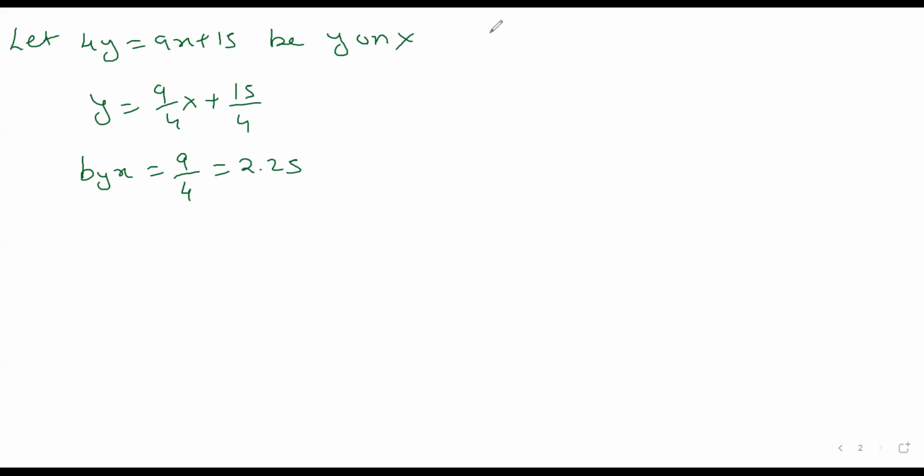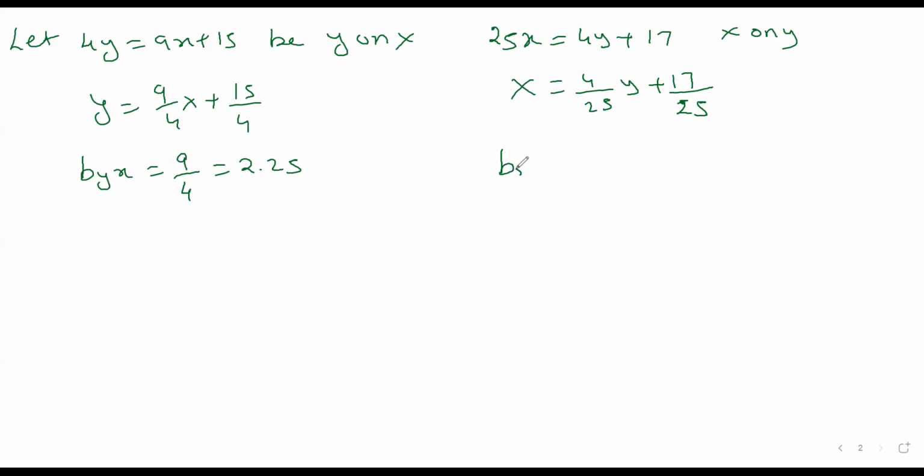The other equation, if this is y on x, then the other equation, 25x = 4y + 17, is x on y. So I can express it as x = 4 by 25 y + 17 by 25. Now this is nothing but Bxy. Bxy is 4 by 25. 4 divided by 25 is 0.16.